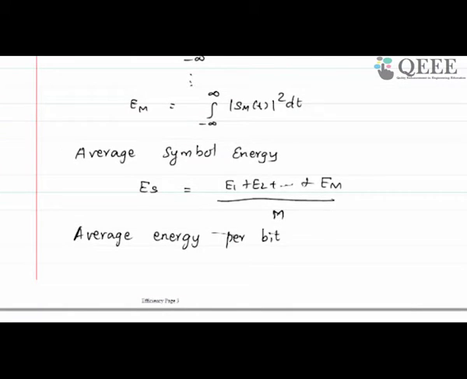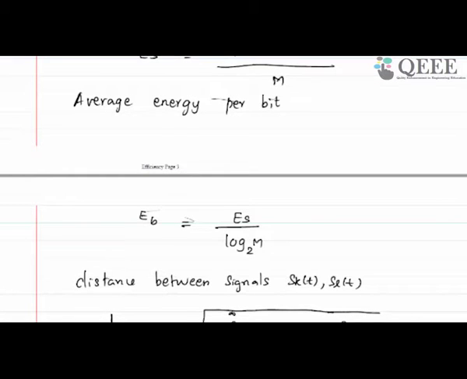Now I am going to define an important quantity called energy per bit. This is the energy I am spending on 1 bit. So Es is the average energy I spend to send one symbol. Now the average energy to send 1 bit is basically Es by log m, because each symbol has log m bits.